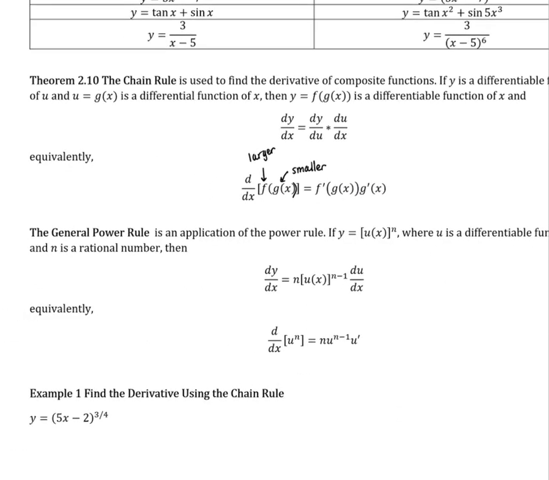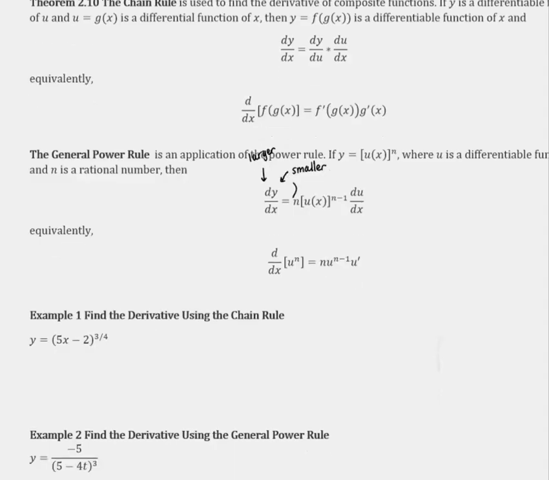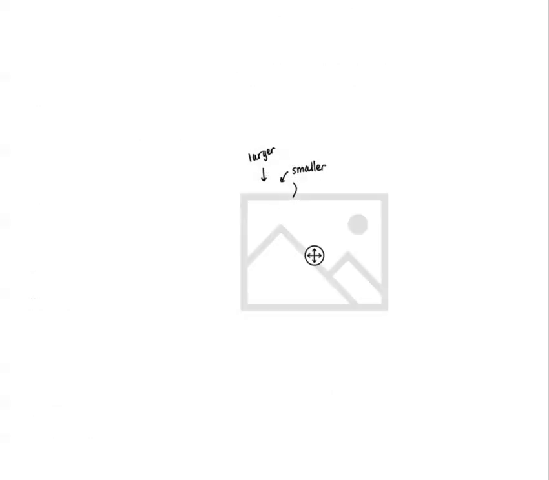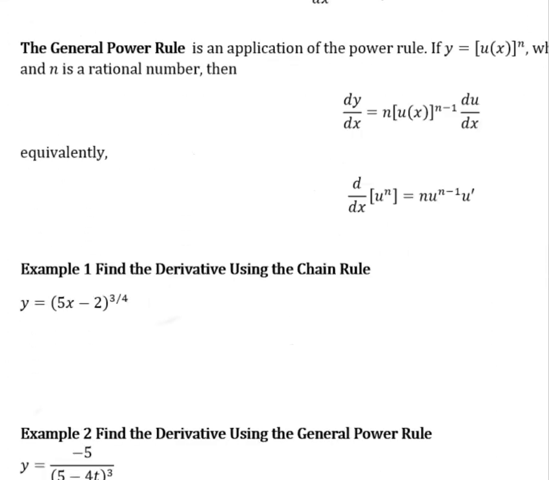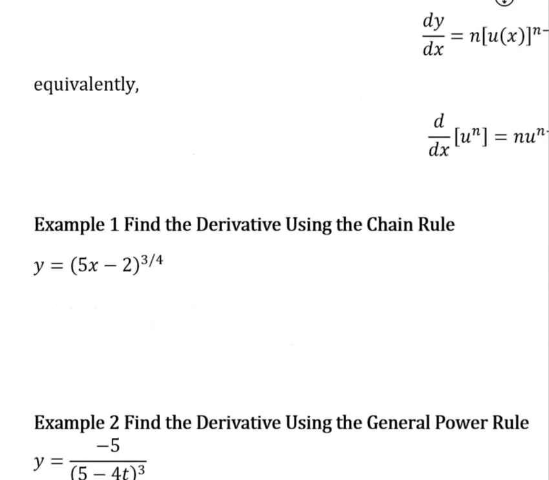The general power rule says the exact same thing as the chain rule. It just simply applies when the larger function is a power function, just like it is in example 1. So in example 1, we can see that we have this smaller function of 5x minus 2 being plugged into this x to the 3/4.